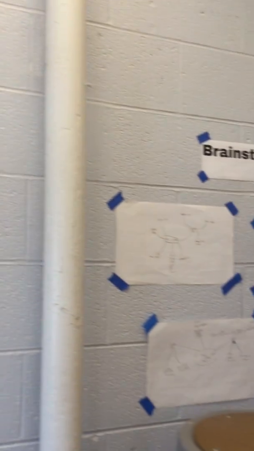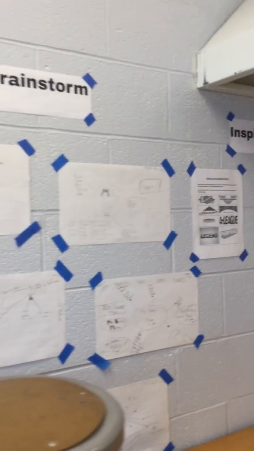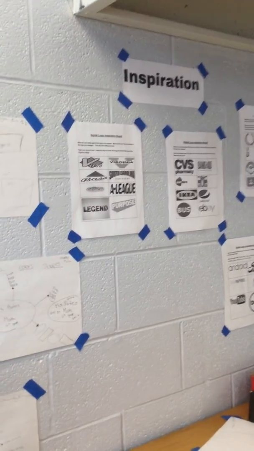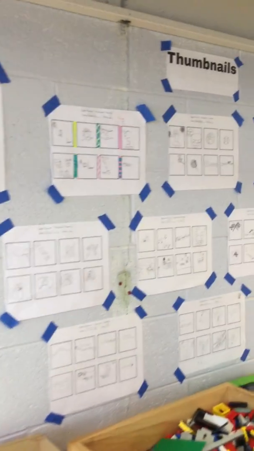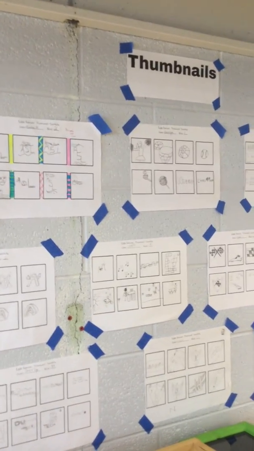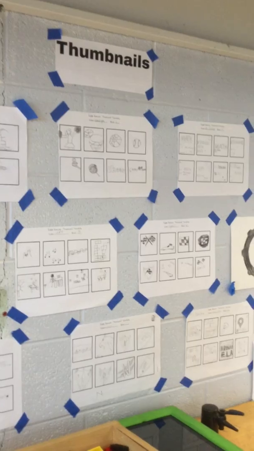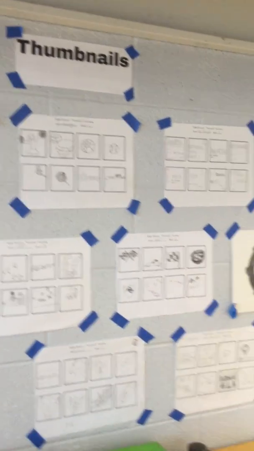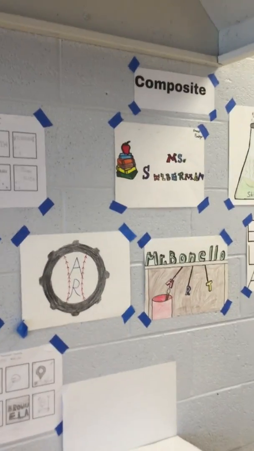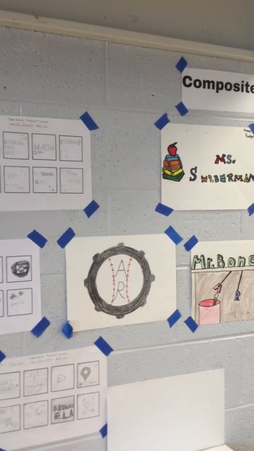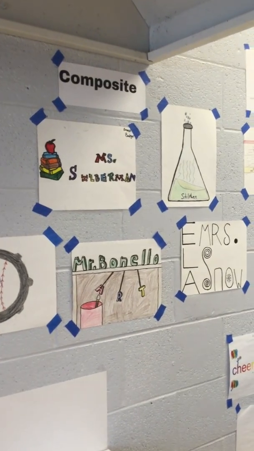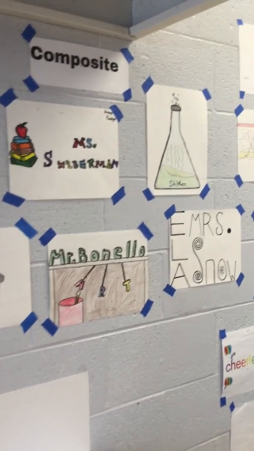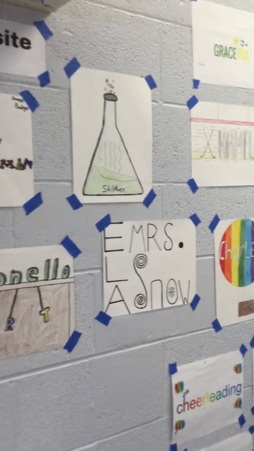So those same steps are mapped out in that I have examples of brainstorm, what a brainstorm looks like, inspiration, looking at other people's ideas and taking what's useful, creating thumbnails, sketches, and we talk a lot about how ideas evolve over those sketches, and then move into a composite, which is moving towards a final product in color and neatly done. So those are some student exemplars.